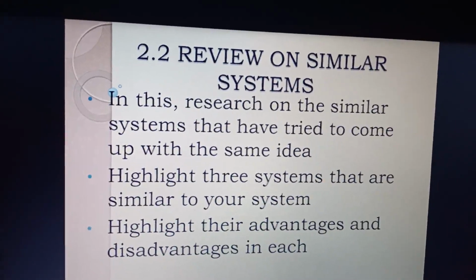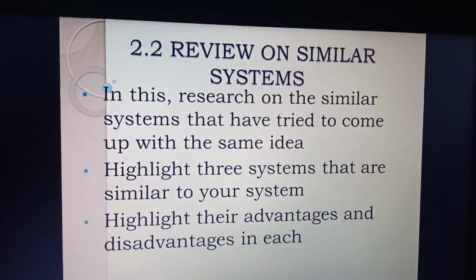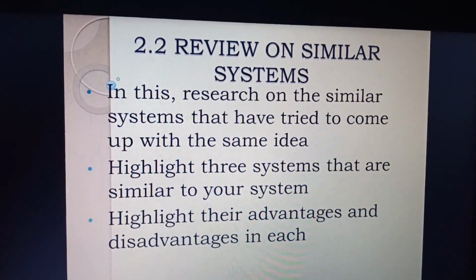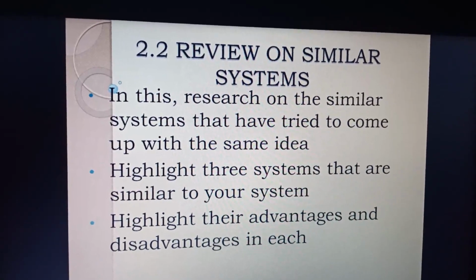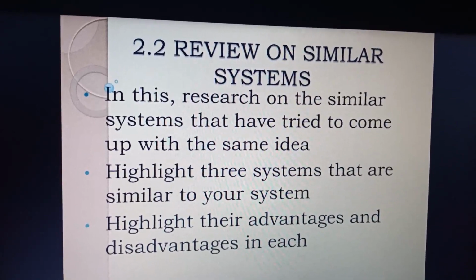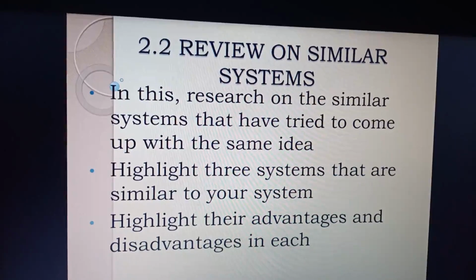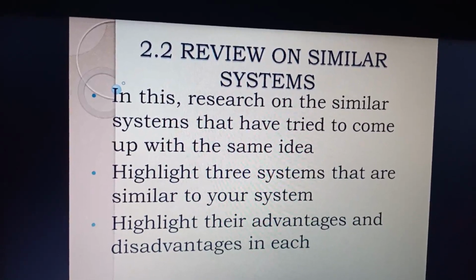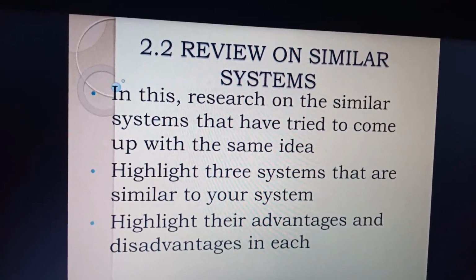2.2. Review on similar systems. In this, the researcher has to review other systems, has to research the similar systems that have tried to come up with the same idea that you have, the same idea that is making you develop a system.